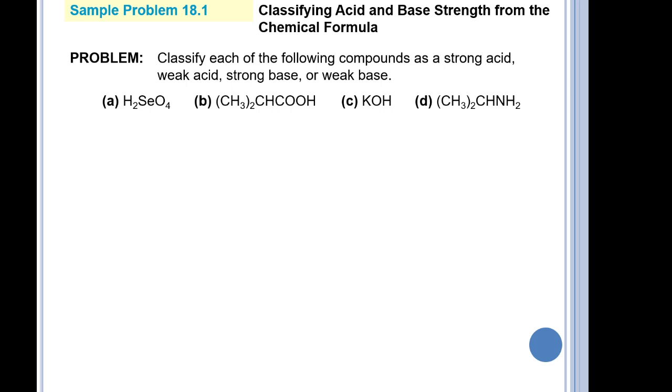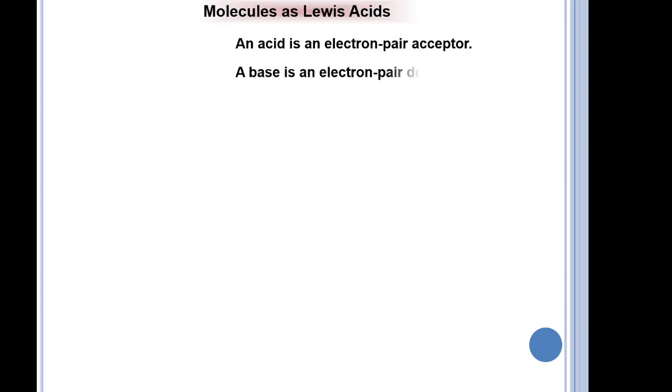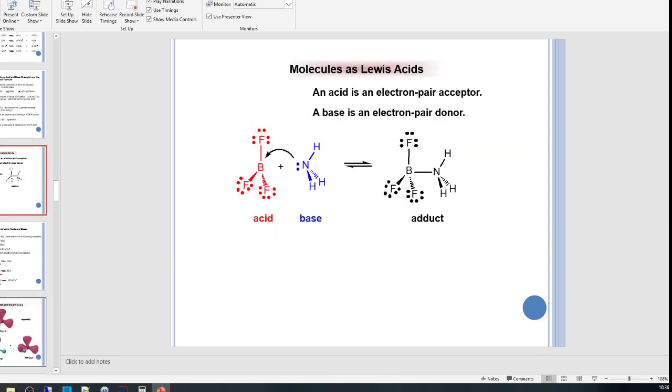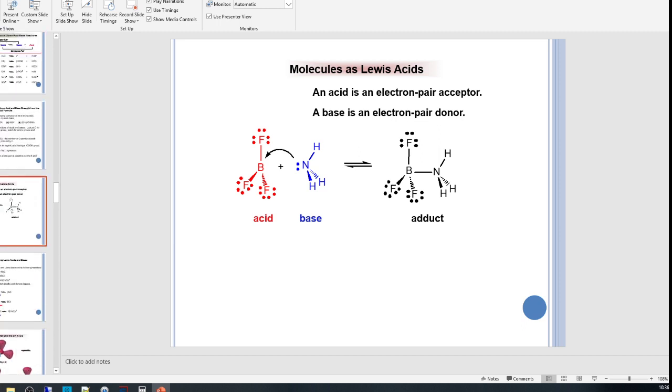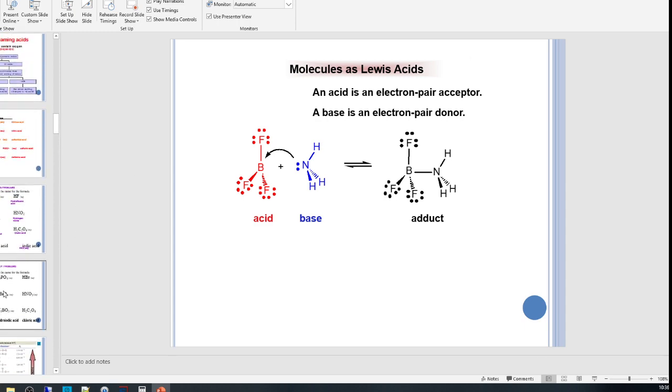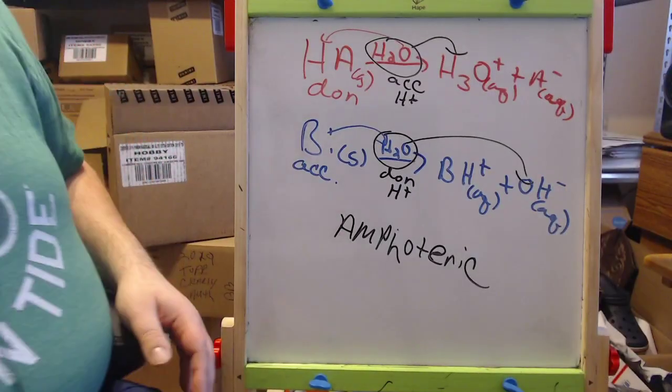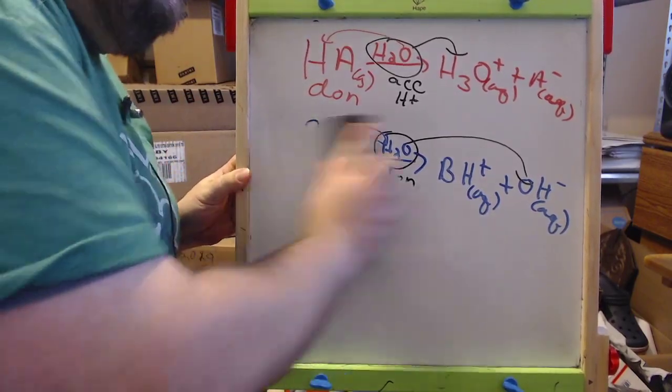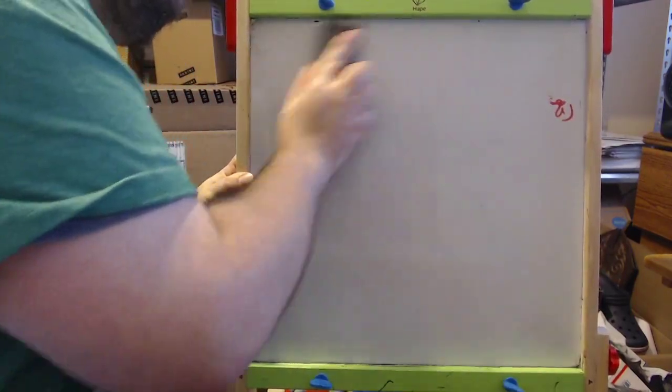So, homework: from the slides, besides slides 19 and 20 for the naming of the acids, try sample problem 18.1. We'll talk about Lewis acids next time. Let me write down the homework because this is where I'm going to stop.